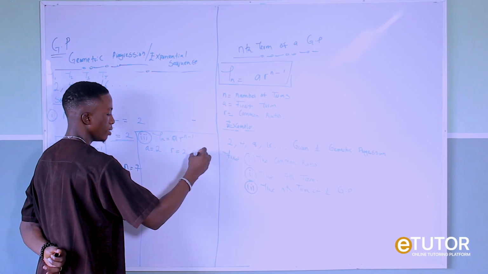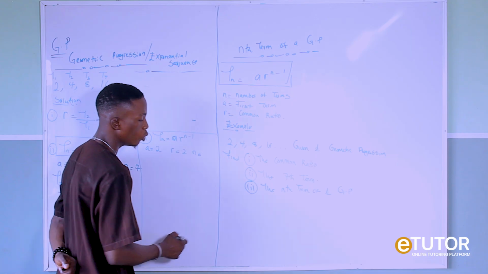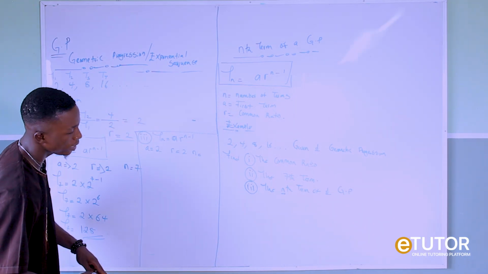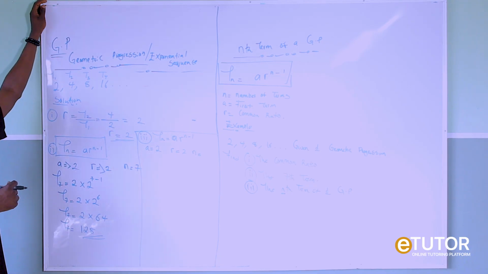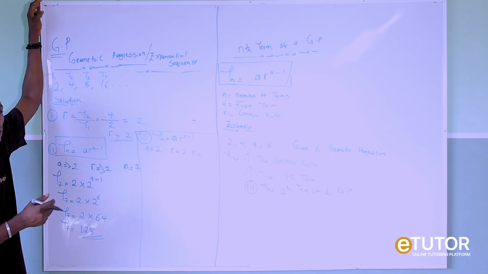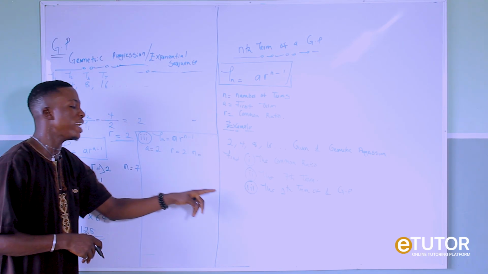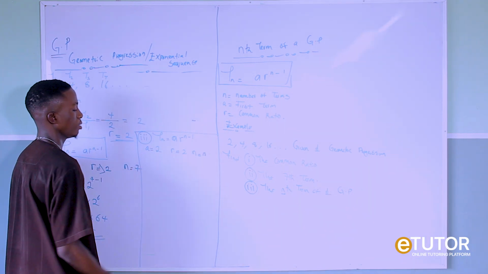Now my n would remain n, because I was told to find the nth term of the GP. If you're told to find, like we previously did here, the 7th term, our n became 7. If you're told to find the 10th term, your n will be 10. Second term, your n will be 2. Fourth term, your n will be 4. Now we're told to find the nth term, so your n will still remain as n.